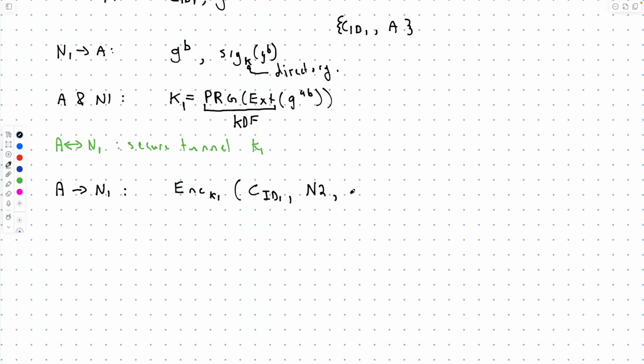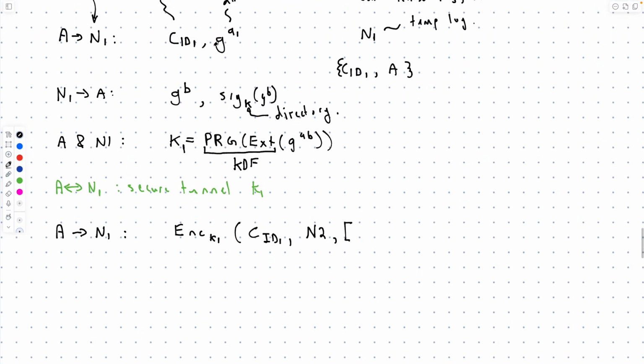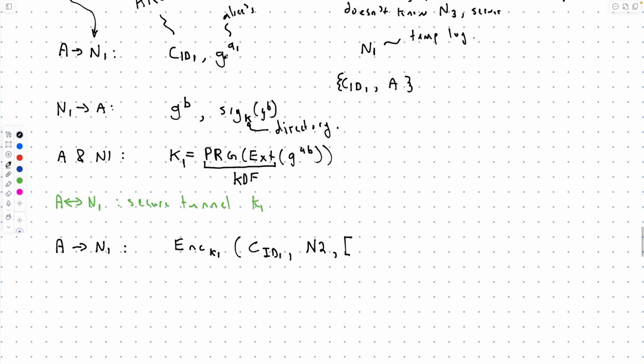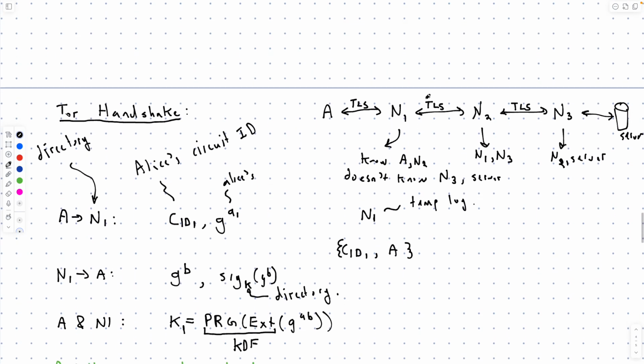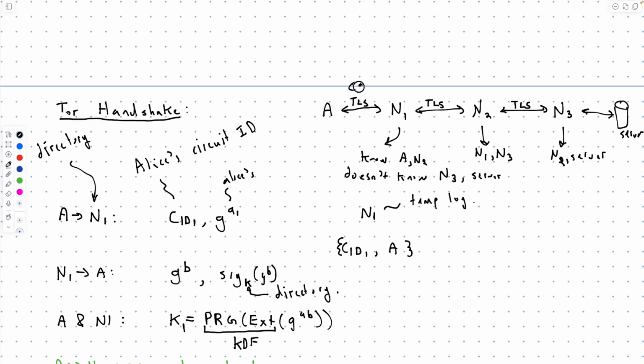I'm putting this in brackets just for structure, but it doesn't really matter. What goes in square brackets will look like what we sent before. I'm going to send the circuit ID for the second hop. Circuit ID 1 is the traffic between me and N1.